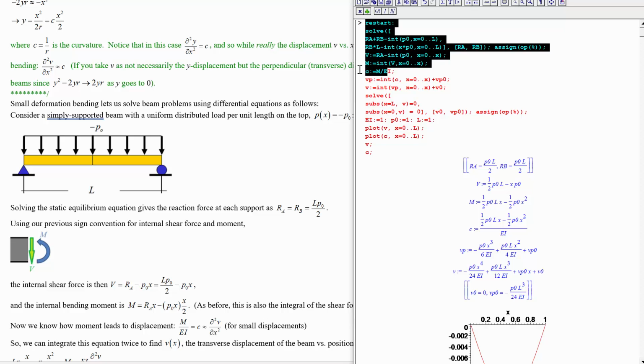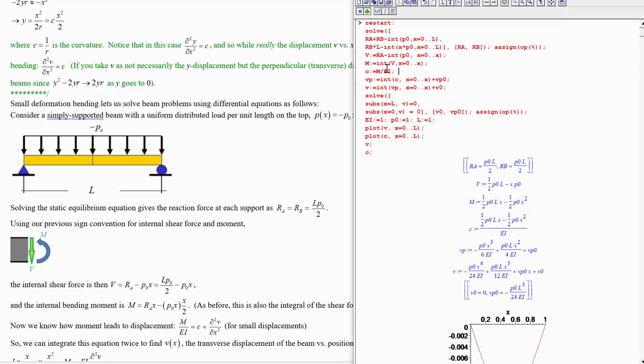And then we used the relationship that relates curvature to bending moment and integrated 2 more times this bending moment that we found, applying some initial conditions, well, really boundary conditions, on V at the start and end of this beam in order to figure out what V was for this thing.